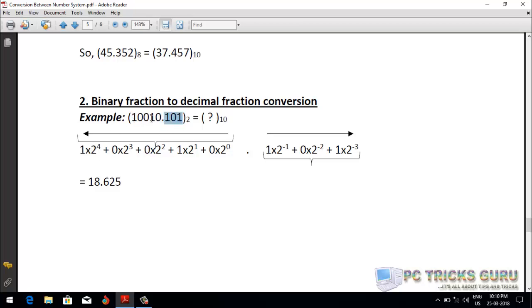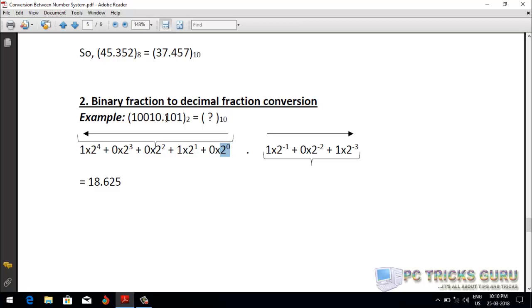So 10010, actually it would be written as 0, 1, 0, 0, 1, starting from the right side, multiplied with 2 raised to the power 0. So I have written 2 raised to the power 0, then 2 raised to the power 1, 2 raised to the power 2, 2 raised to the power 3, and 2 raised to the power 4. So we are done with the left side part.